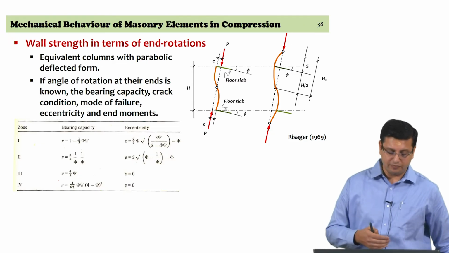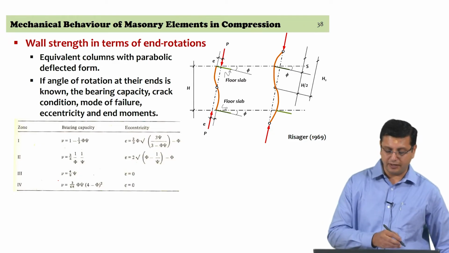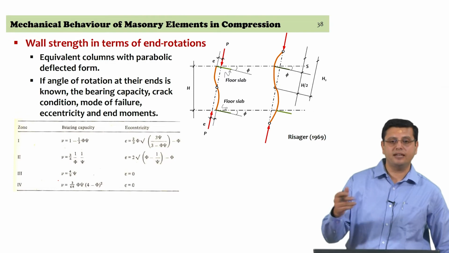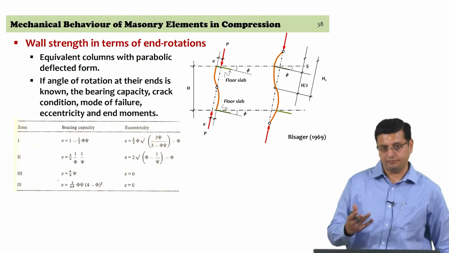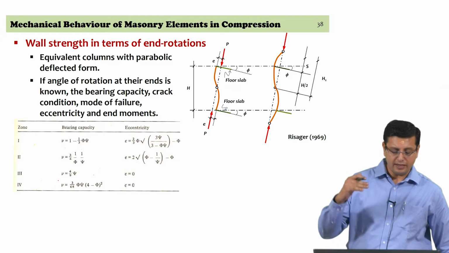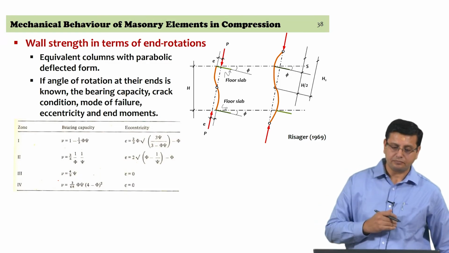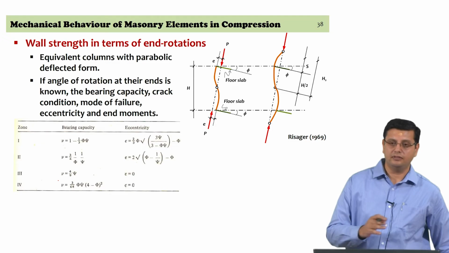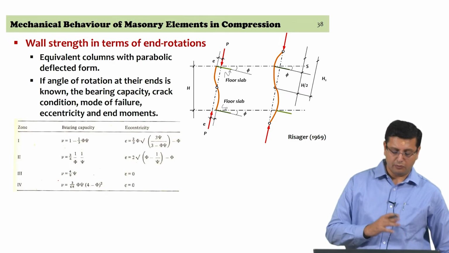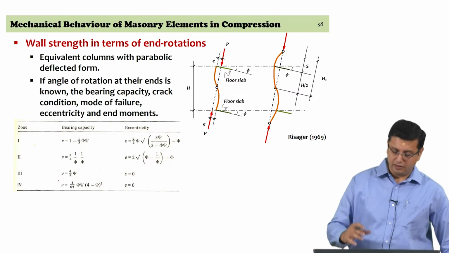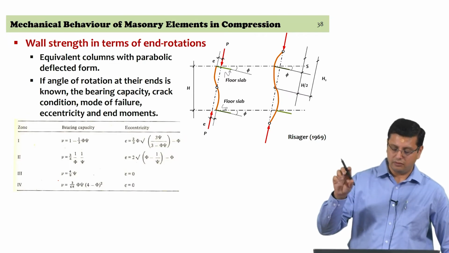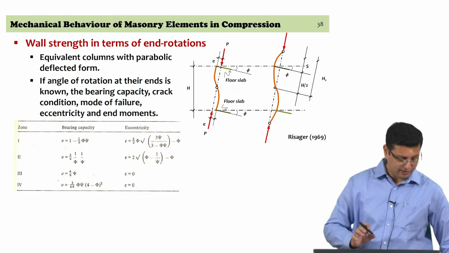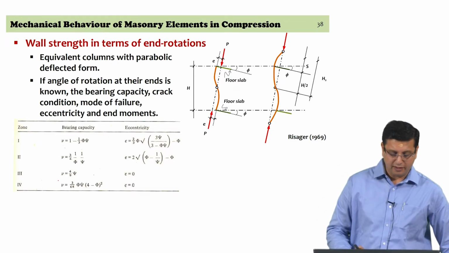In this particular example, if you can make an estimate of the angle of rotation at the ends, the bearing capacity, the failure mode, that is in what way the wall slab interaction is expected to fail, and the eccentricity and the end moments can be arrived at.